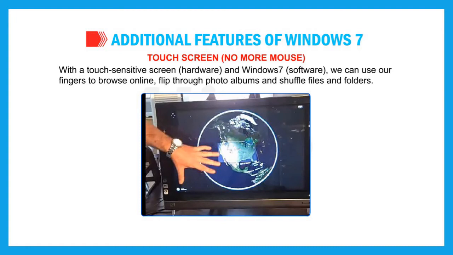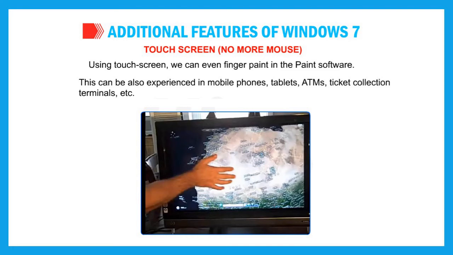With a touchscreen-sensitive screen and Windows 7, we can use our fingers to browse online, flip through photo albums and shuffle files and folders. Using touchscreen, we can even finger paint in the Paint software. The use of touchscreen can also be experienced in mobile phones, tablets, ATMs, ticket collection terminals, etc.